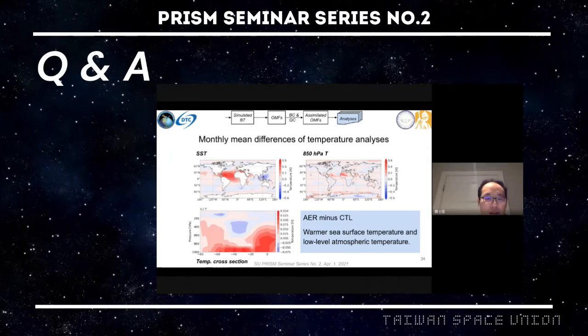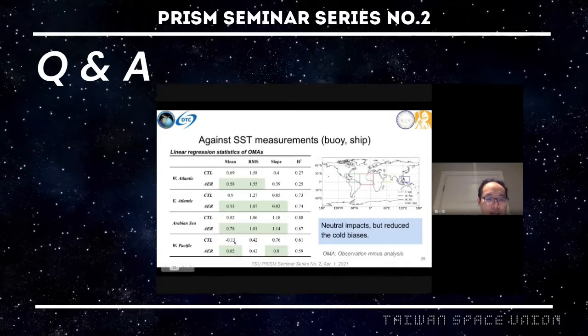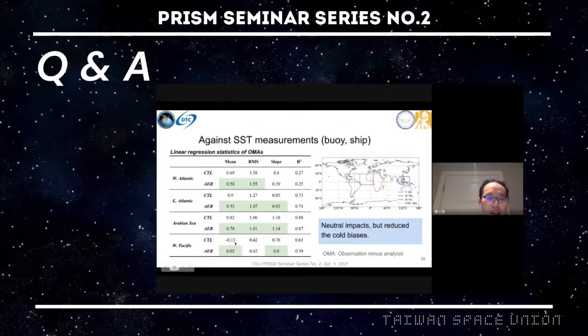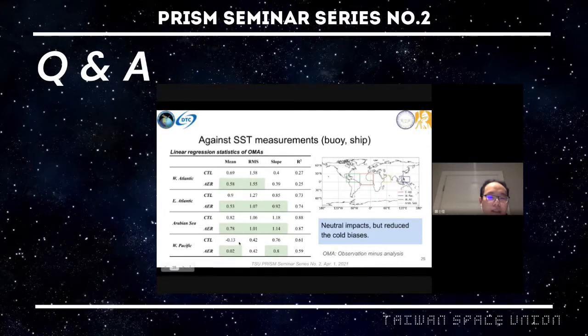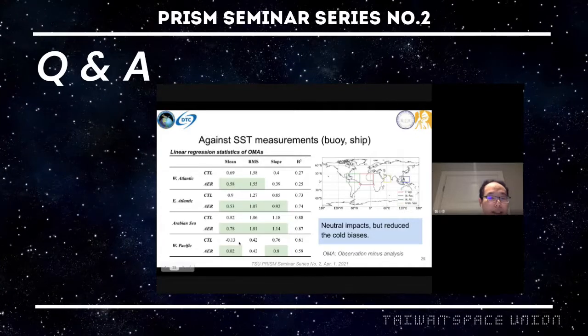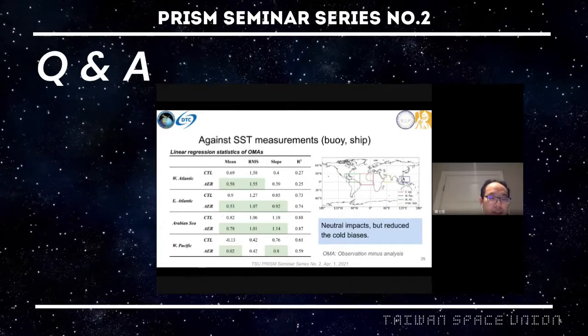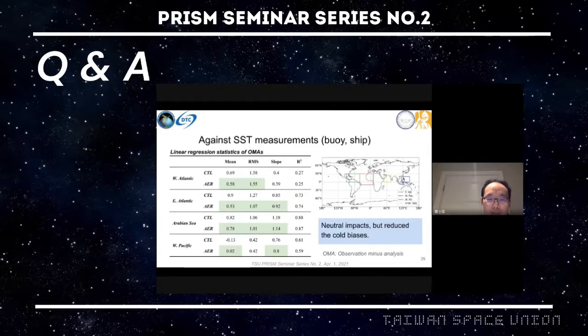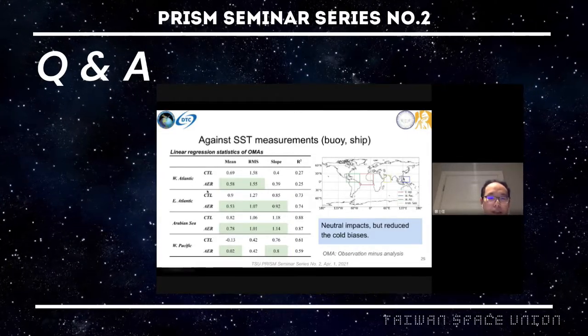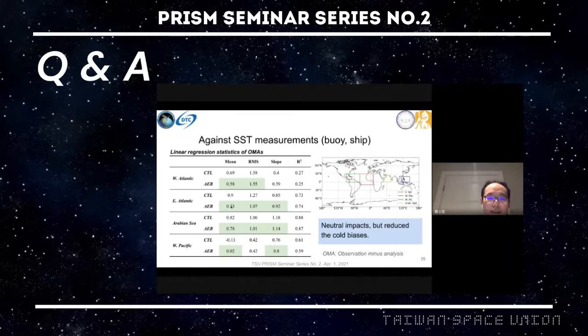If I show from this table, you can see in the control run over the West Pacific region, the O-A is a negative value, which means the analysis temperature is higher than the observed measurement. But the other three regions are opposite.